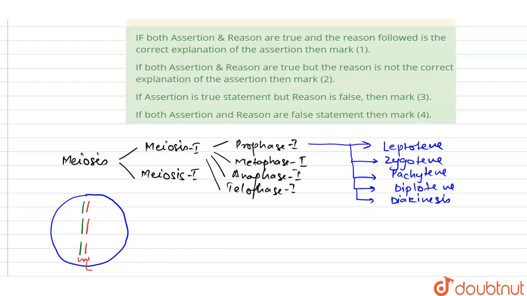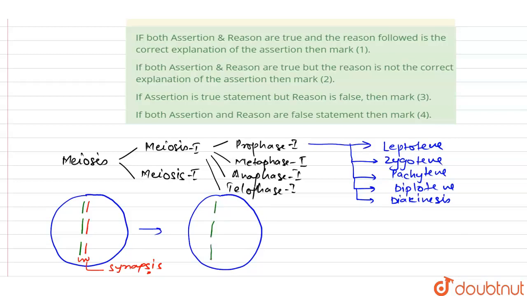This process is known as synapsis. After synapsis, during the pachytene stage, these chromosomes do crossing over.